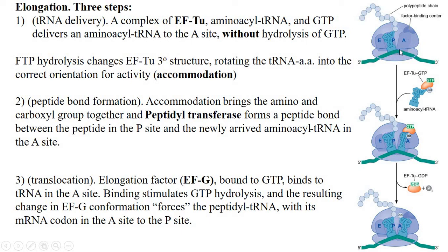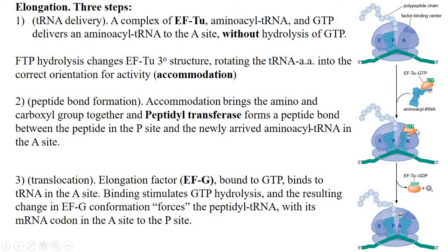The anticodon for that codon will bring the next amino acid, and that amino acid will be brought into this A site. This amino acid is brought by elongation factor 2. This EF2 has a GTP on it, so it will come here and bind to the A site. This GTP will not hydrolyze yet.